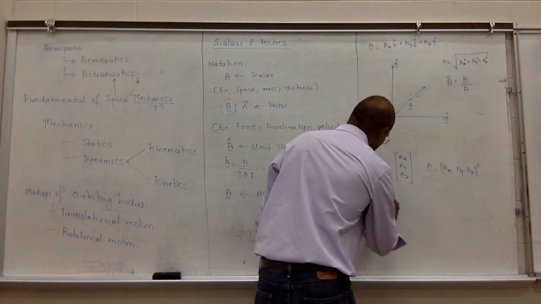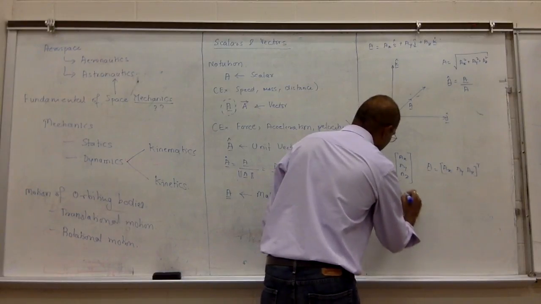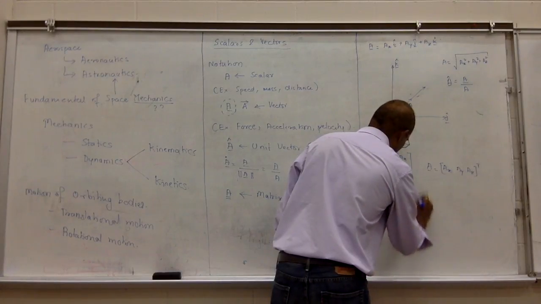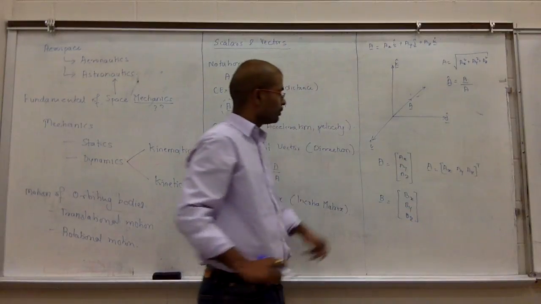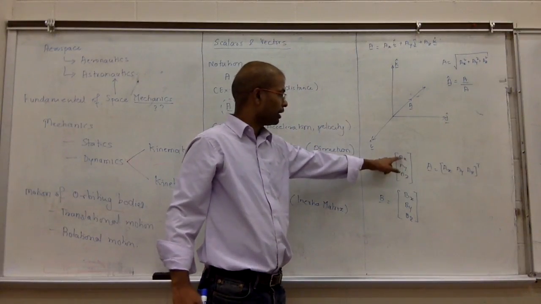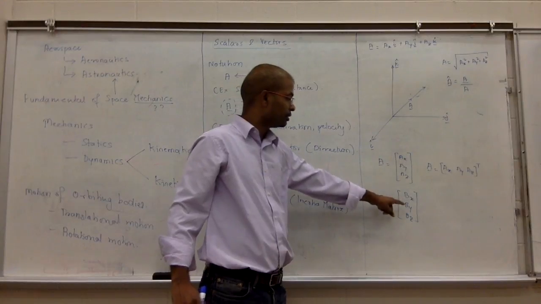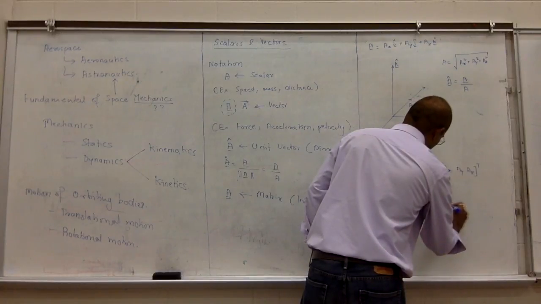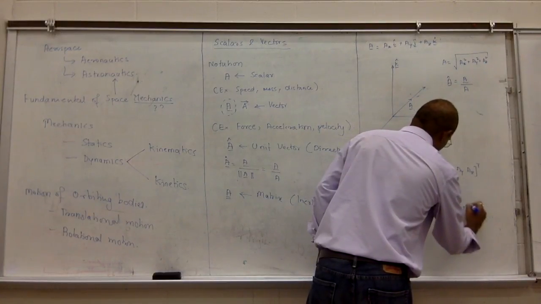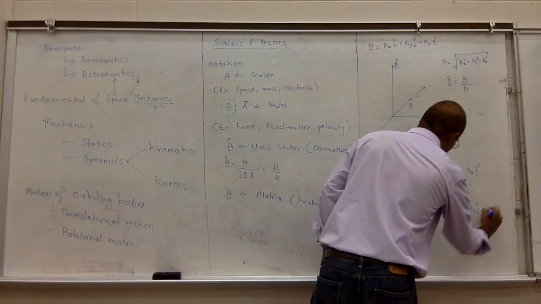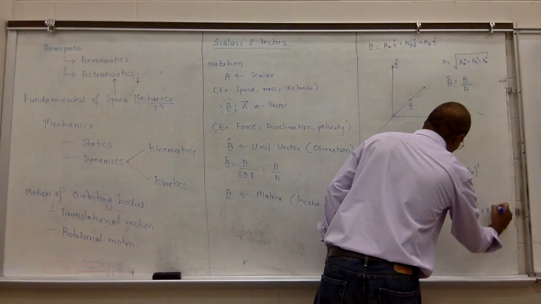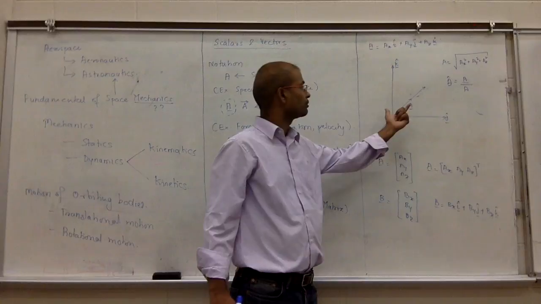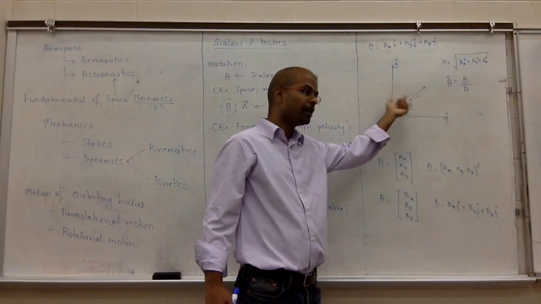Now, if you have something like this, and let's say B is Bx i plus By j plus Bz k, this means A and B are coordinatized in the same reference frame.